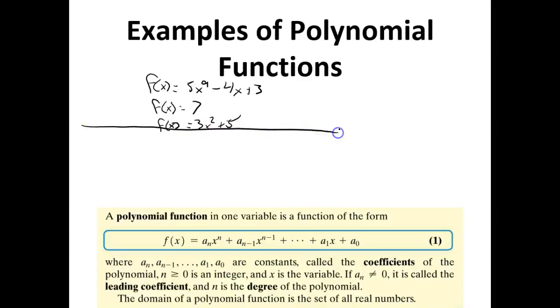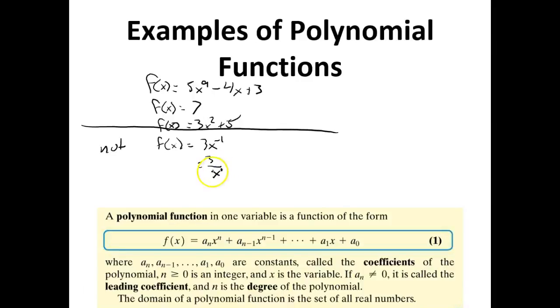Something that is not a polynomial function would be f of x equals 3x to the minus 1. This is not a polynomial function because the power is not a positive whole number. Where this is coming from is that 3x to the minus 1 is equivalent to 3 over x to the first power.